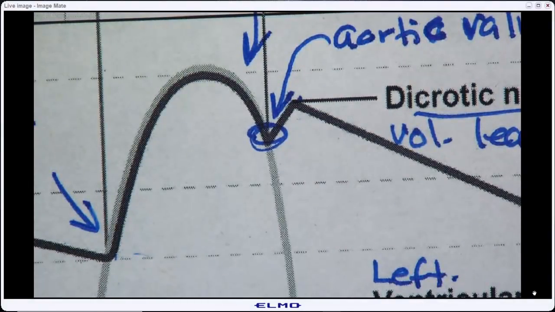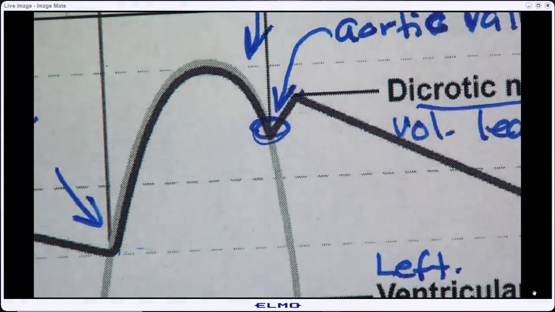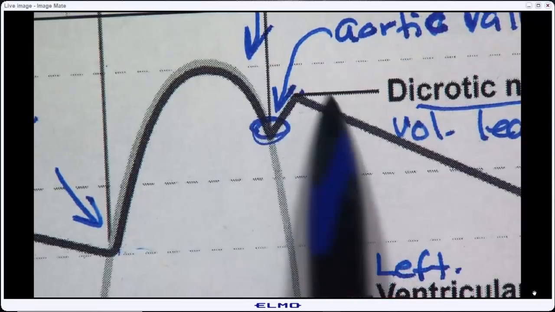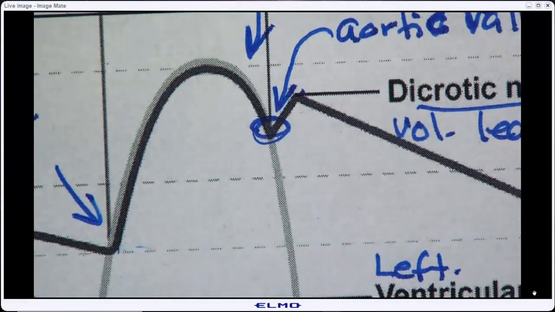So the moment that happens, bam, that thing shuts. Then we get this weird wiggle because we've stopped flow, trapped volume in that aorta, and now we get this expression of what is that volume and what is that pressure. Oh, I see, in terms of what the shape is. Yeah, I think they would argue that this whole thing is called the notch.